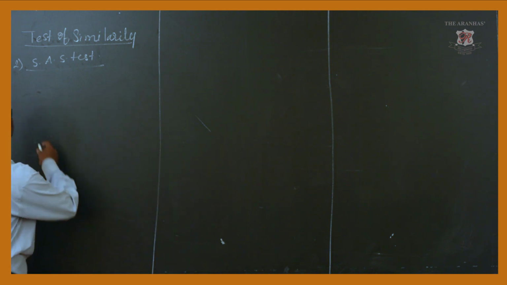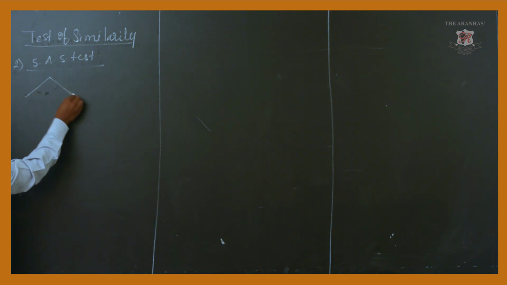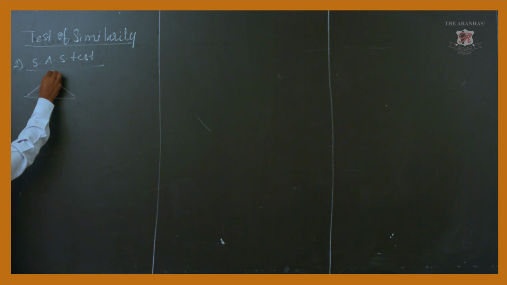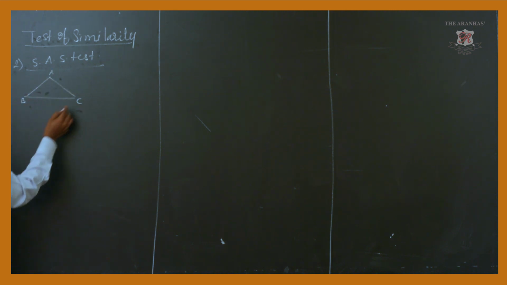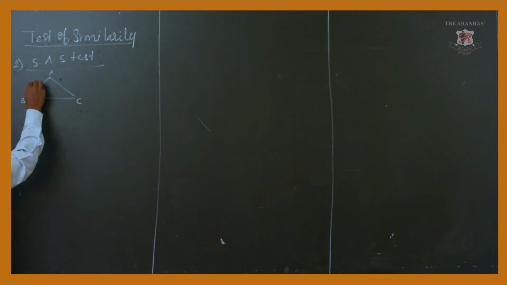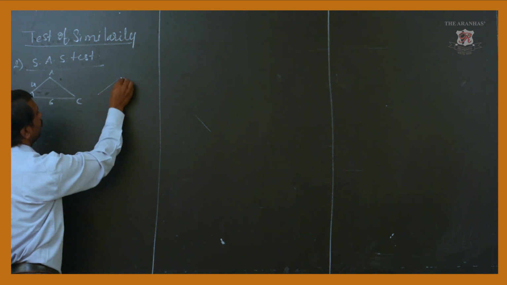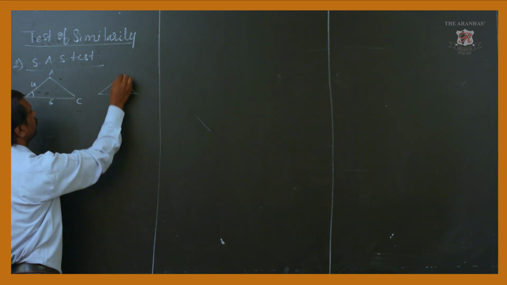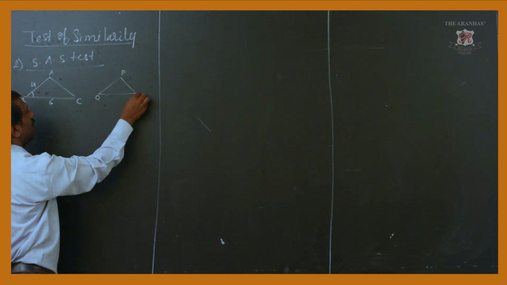For example, we will construct one triangle. Here, again I will repeat, this is triangle ABC. In triangle ABC, AB is 4, angle B is angle B, and BC is given here 6. One more triangle we have, this is triangle PQR.